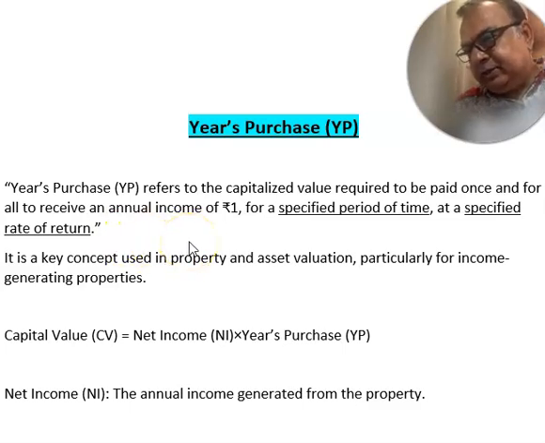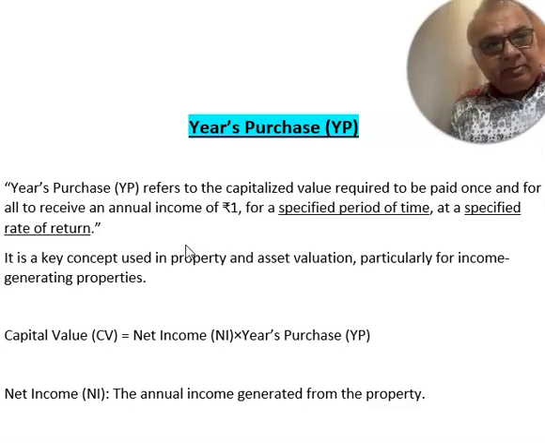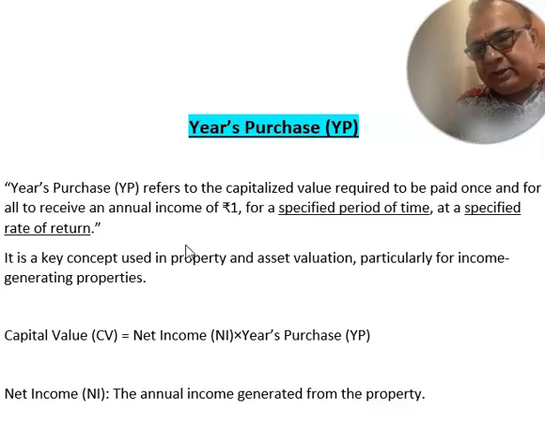You can explain it in Hindi like this: you invested a capital value to buy this house. Now you want ₹1 annual income from that house for the next 30 years, 40 years or 50 years, that is the specified period of time, at a specified rate of interest, 5%, 6% or 7%. The capital value that gives you this ₹1 with a specified period of time and specified rate of return is called year purchase.